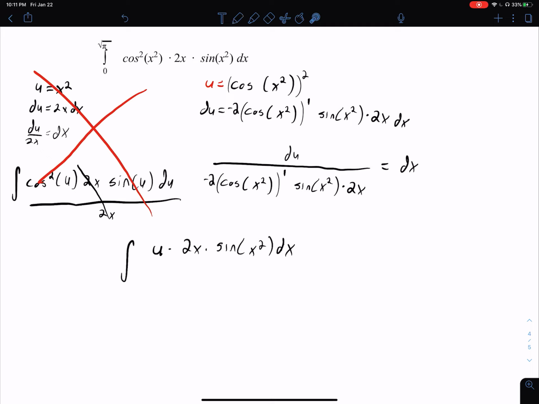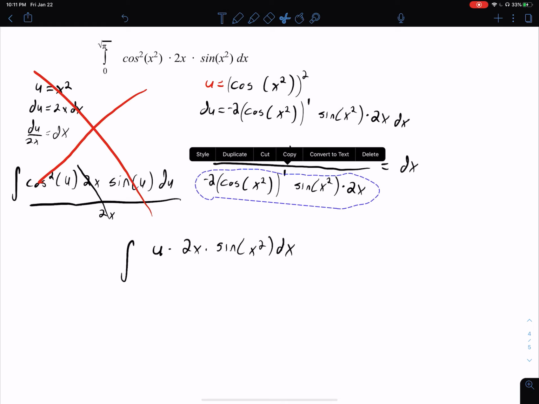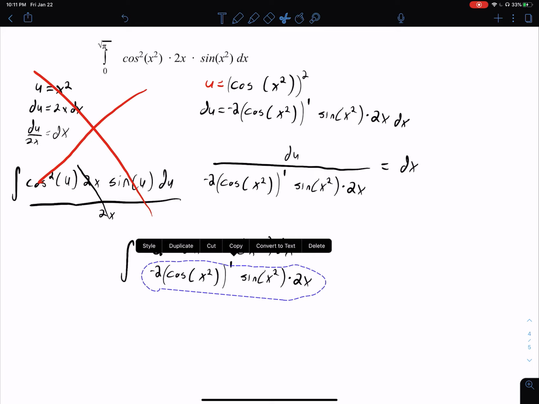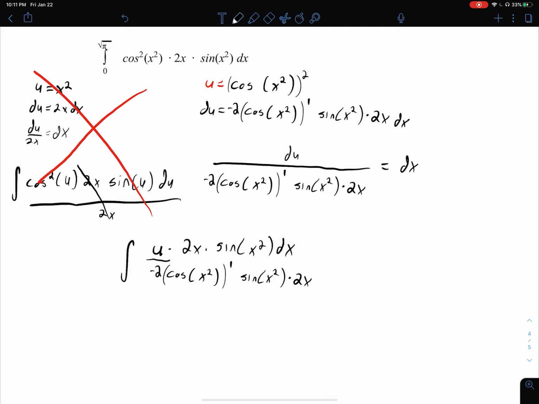When we rewrite that dx, it'll take this, which I'm not going to rewrite. It'll take that. And then we'll write the line because it's a fraction now. Du. So this 2x and that 2x cancel. This and that cancel. And there's a negative 1/2.